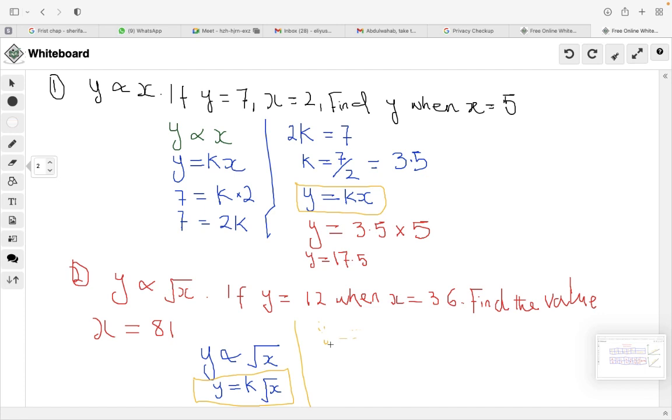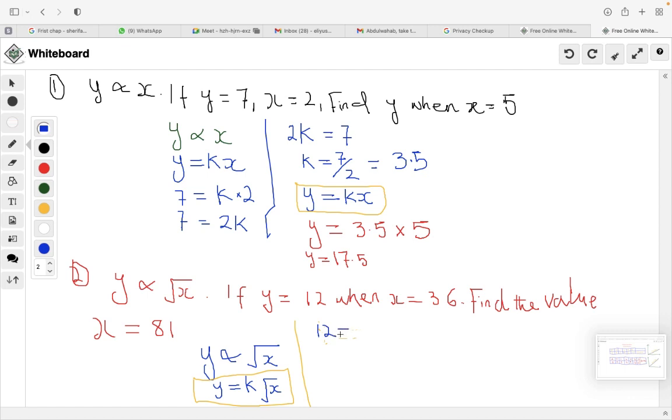Now y equal to 12. In place of y, I'm going to put 12. So I put 12 here in place of y.